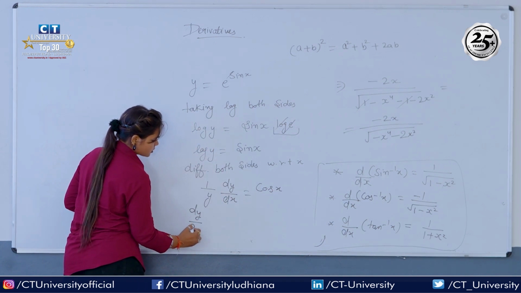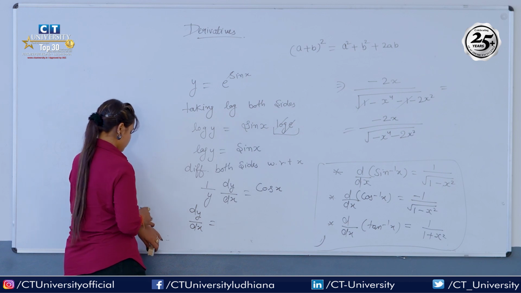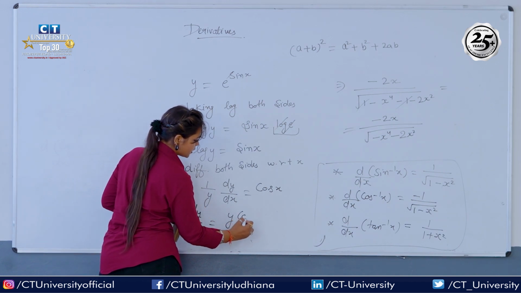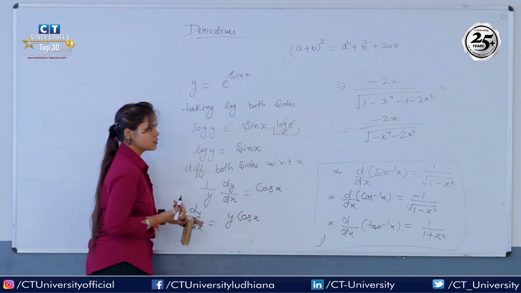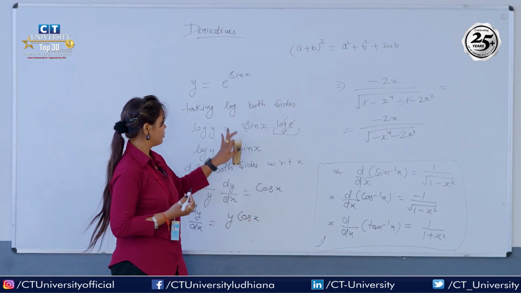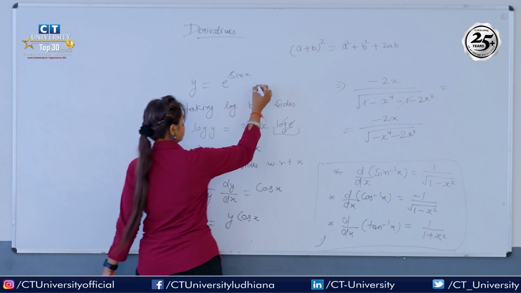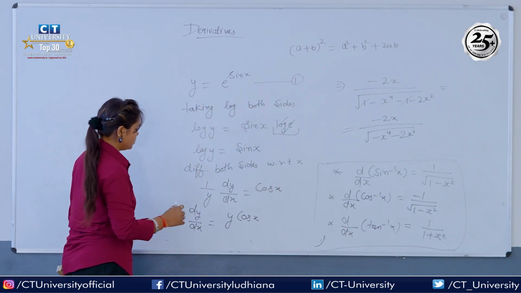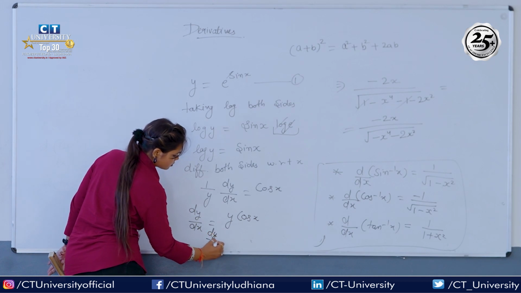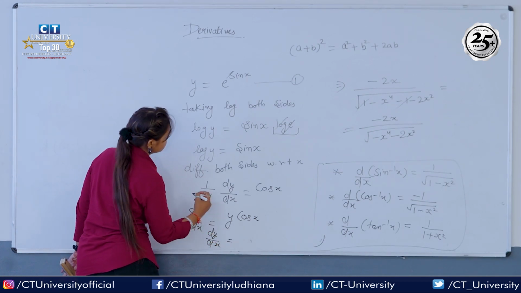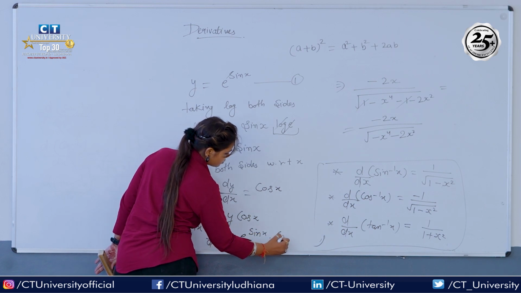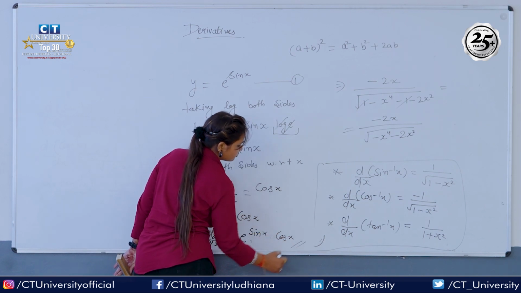So dy/dx is equal to y into cos x. In the last step, put the value of y from the given equation. This is your first equation which is given to you. So dy/dx is equal to e raised to the power sin x into cos x. This is your final answer.